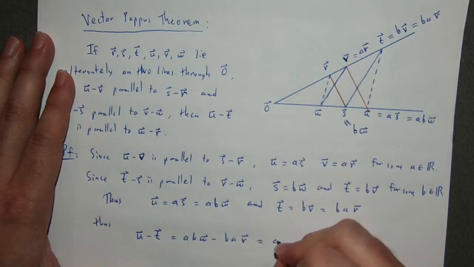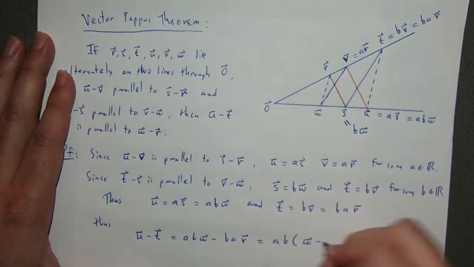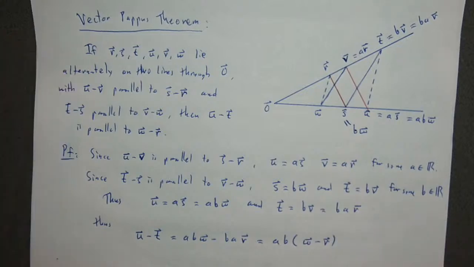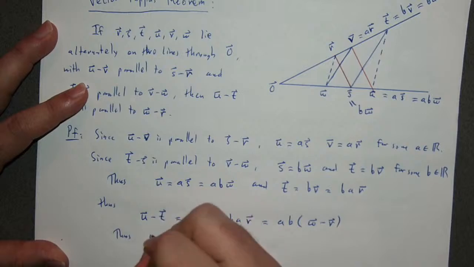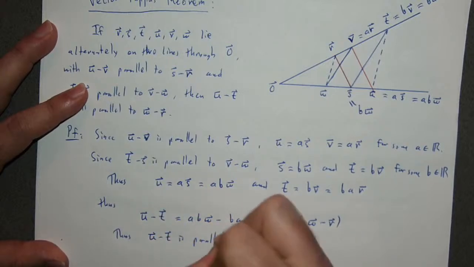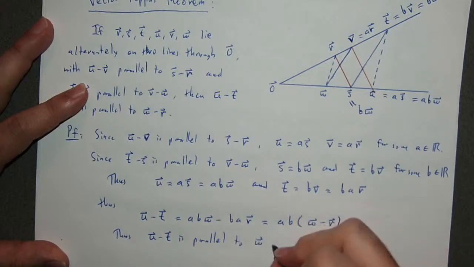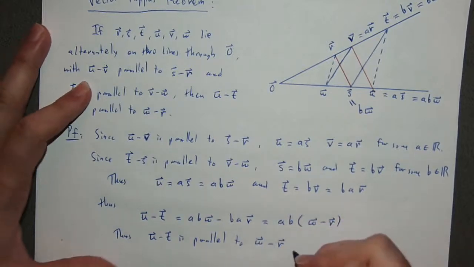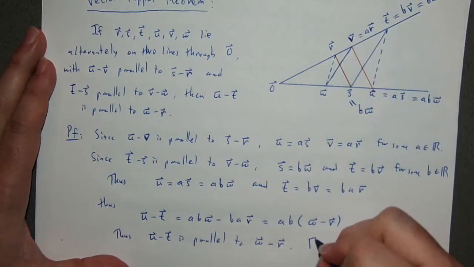And so this is AB times W minus R, just using my vector space axioms. Thus, U minus T is parallel to W minus R.